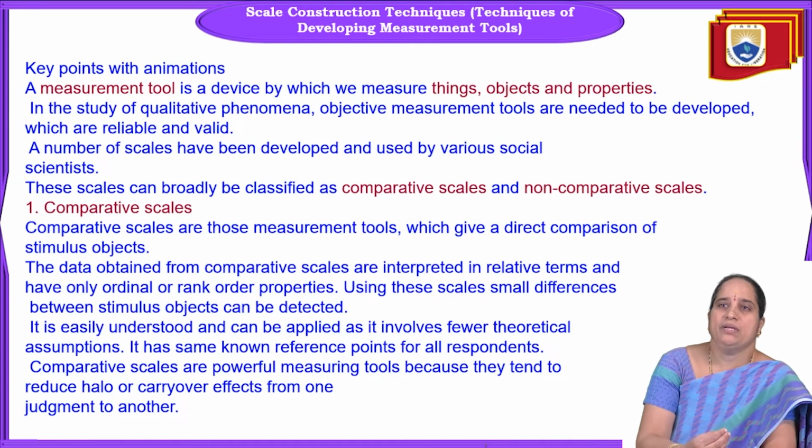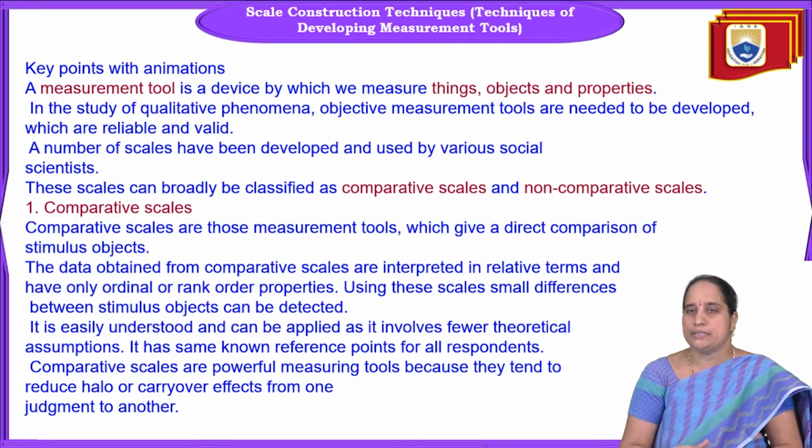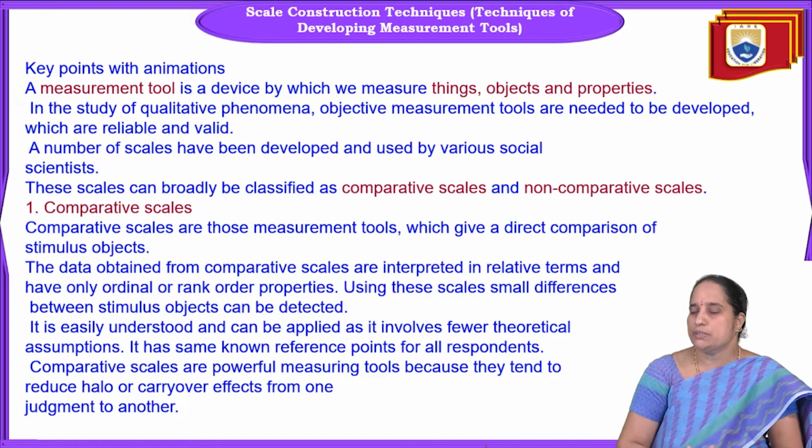Then coming to the technique of developing measurement tools, how are we going to develop a measurement tool? A tool is a device through which we can measure things, objects and properties. In case of qualitative research, objective measurement tools are very important.